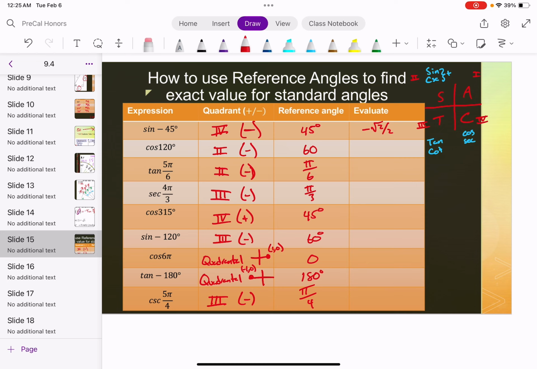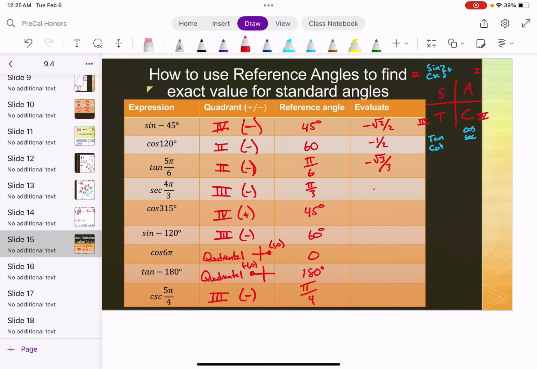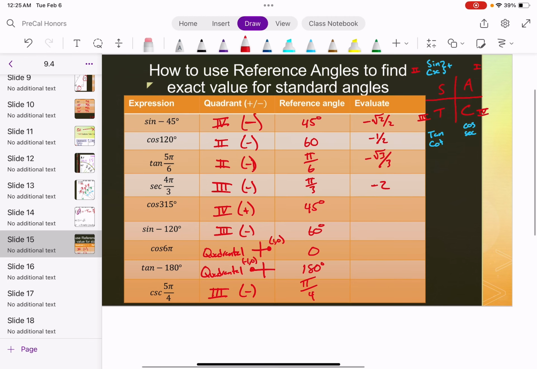So, cosine at 120 would leave you with negative 1/2, negative square root of 3 over 3, negative 2, square root of 2 over 2.